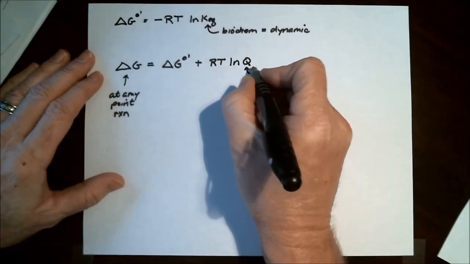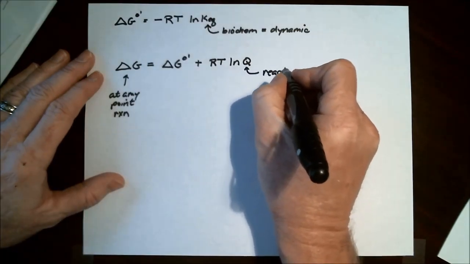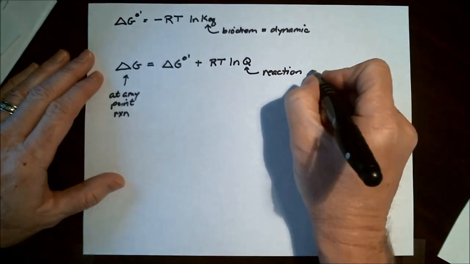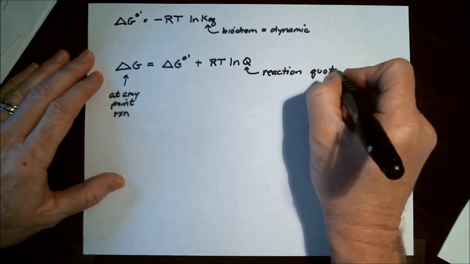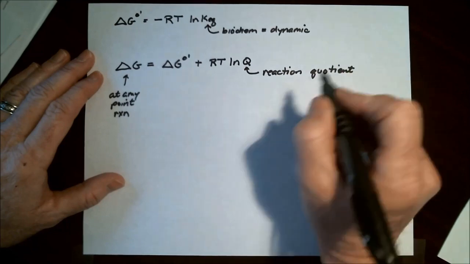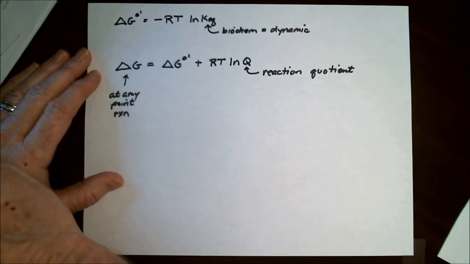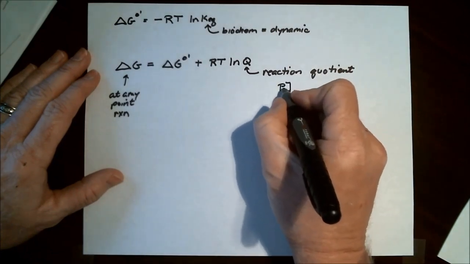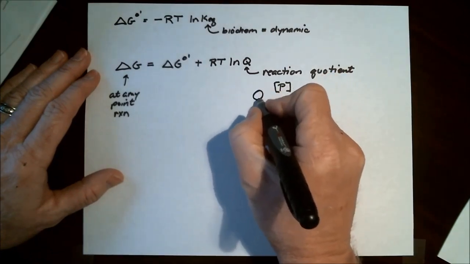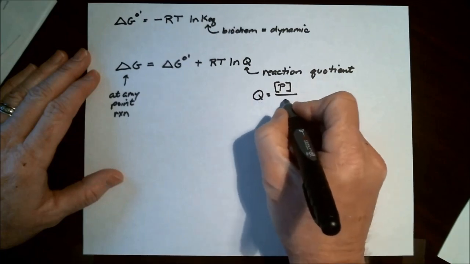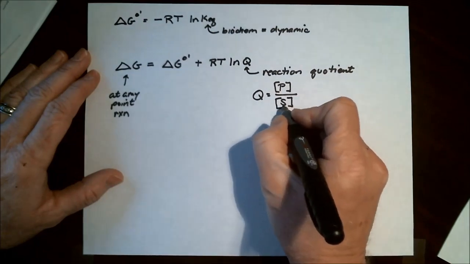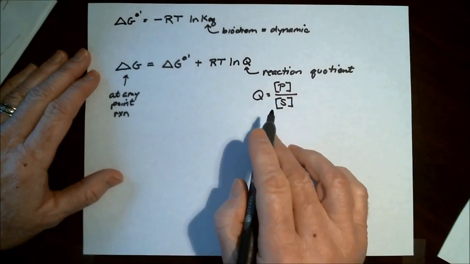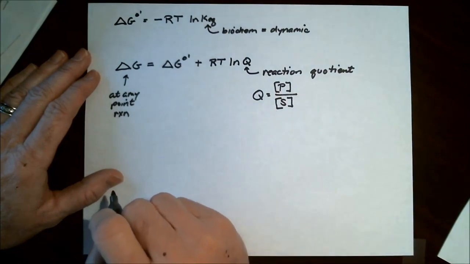Q is the reaction quotient. The reaction quotient is similar to the equilibrium constant in that it is equal to the concentration of product over substrate, but this is not necessarily at equilibrium.